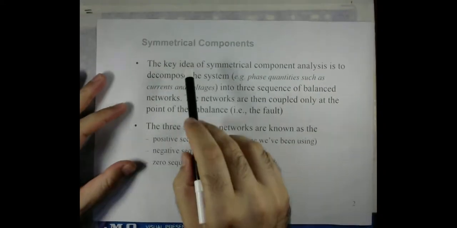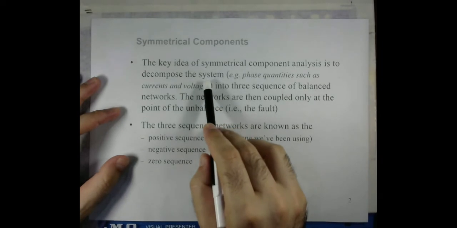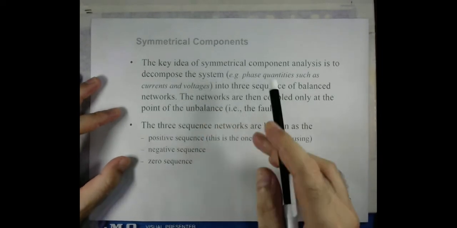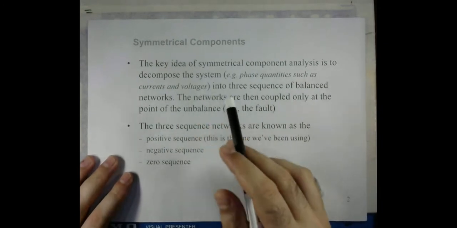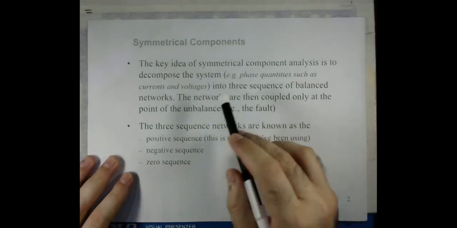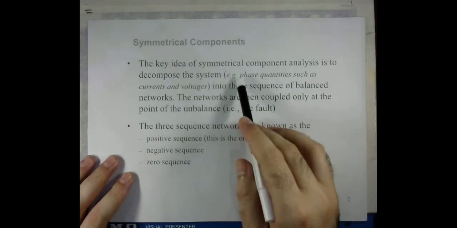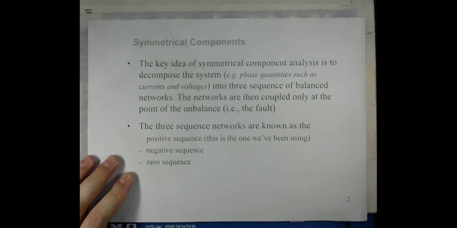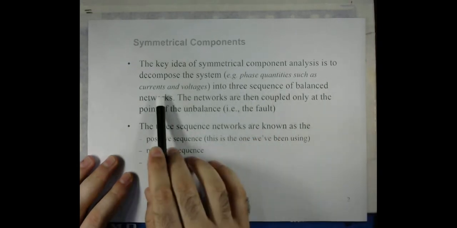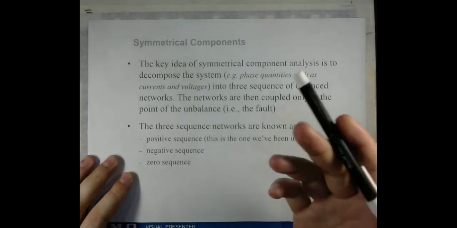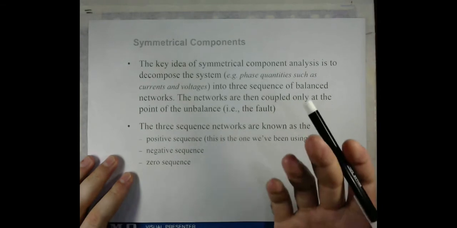Symmetrical components. The key idea of symmetrical component analysis is to decompose the system. For instance, the phase quantities such as currents and voltages are decomposed into three sequences of balanced networks. I will discuss later on why we call them balanced, or how they are balanced.